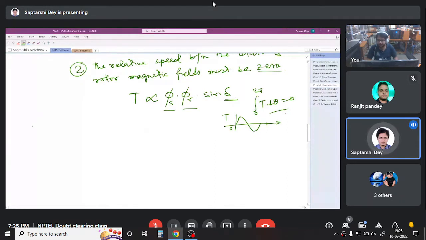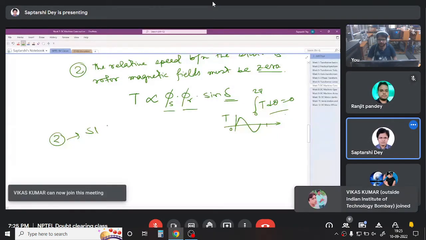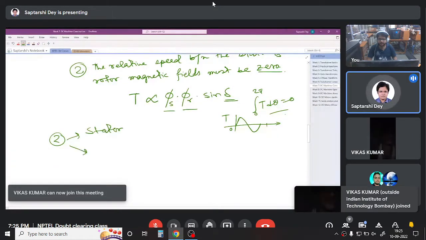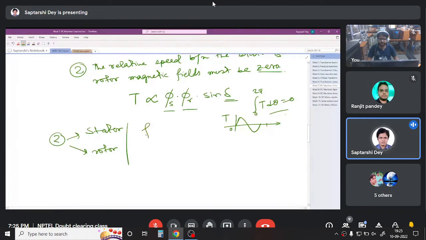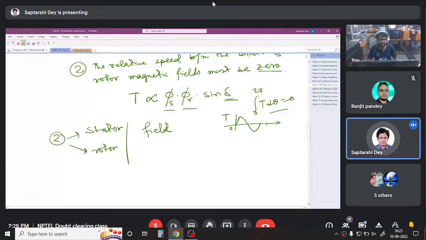Now, in any electric machine, I said that there are two bodies. One is the stator and the other is the rotor. One of them creates the field. Not necessarily always, there are many variations. In an induction machine itself, this does not happen, and in a DC machine, this thing happens.